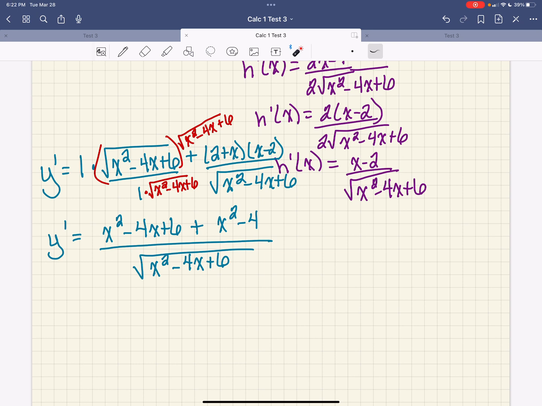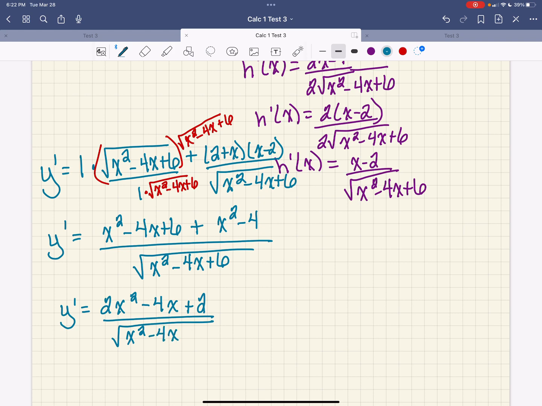Now I'm going to do some cleanup right here. When I add my like terms, I end up with y prime equals 2x squared minus 4x plus 2, and then my denominator is the square root of x squared minus 4x plus 6 right here.